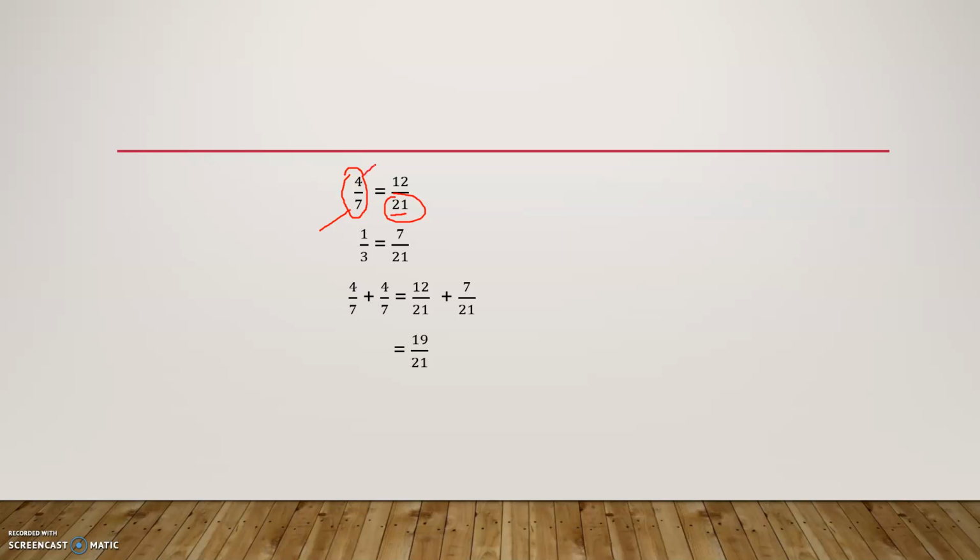So that would be 4 times 3, that will be 12. So 4 over 7 is the same as 12 over 21. Similarly, 1/3 we can write with 21, our common denominator, which means 3 times 7, 7 times more. So we apply the same rule on the top number. So that will be 1 times 7, which equals 7.